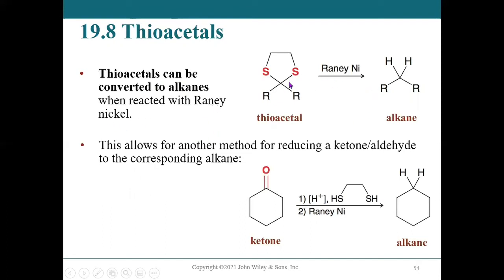So here's an example: we have this thioacetal, reacting with Raney nickel, and it converts back into the alkane. This allows for another method for reducing the ketone and aldehyde to the corresponding alkane.